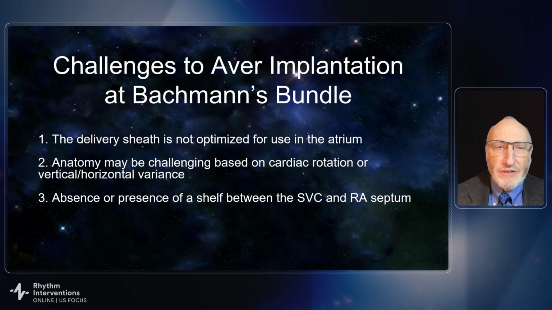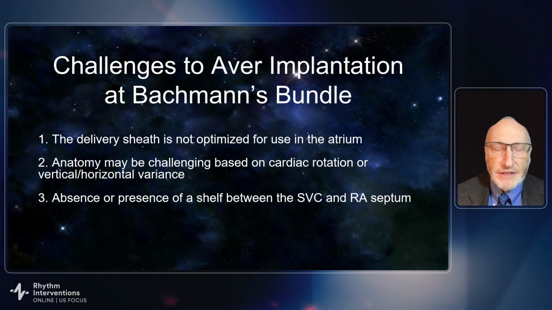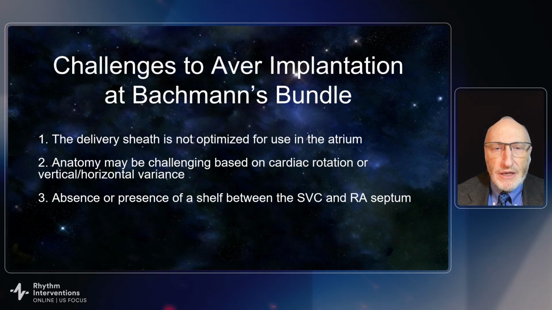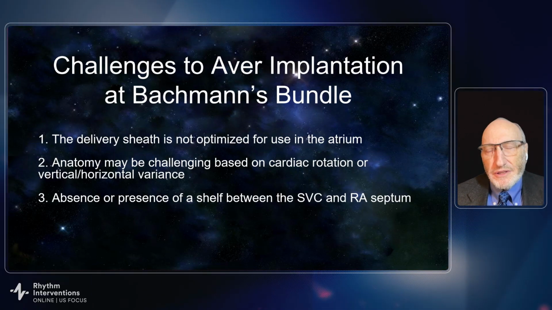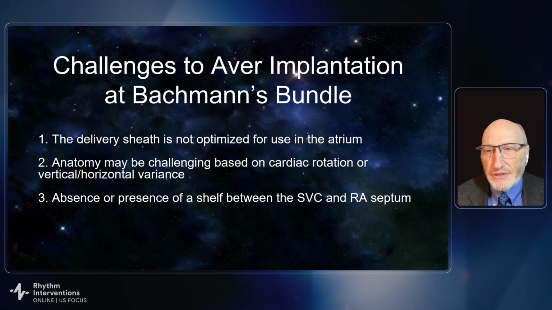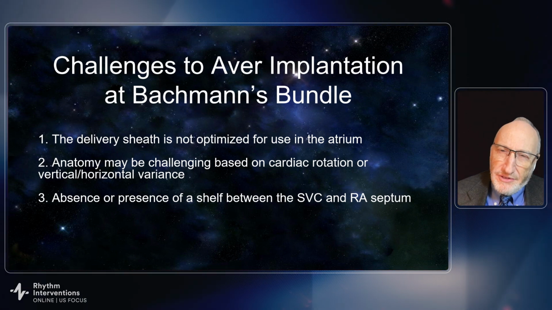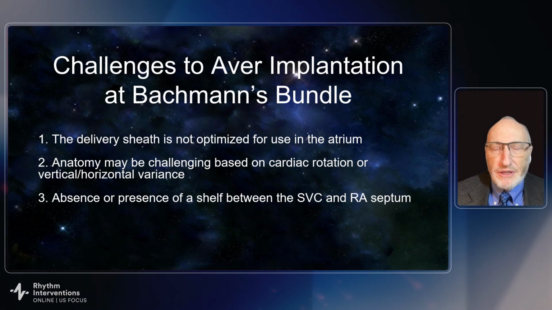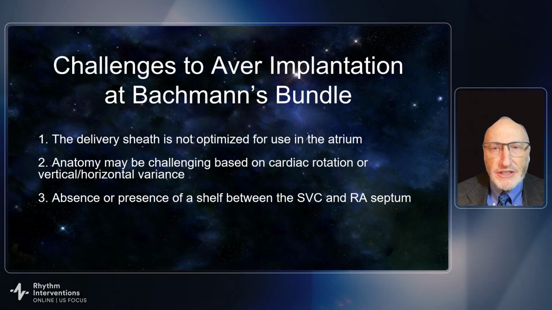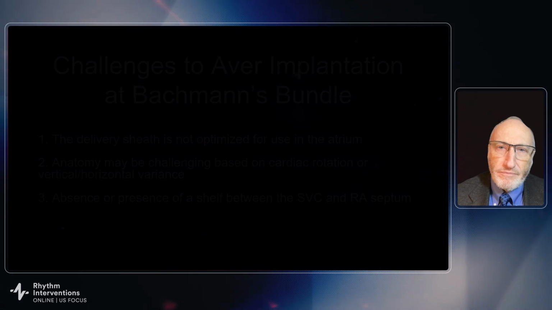It's sometimes difficult to make sure that you're actually deflecting in the right direction. And additionally, some patients don't have a shelf between the SVC and the right atrial septum, and that smooth access point to Bachmann's bundle may be challenging.